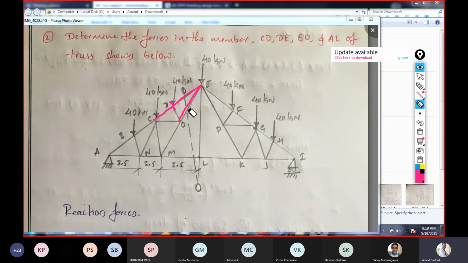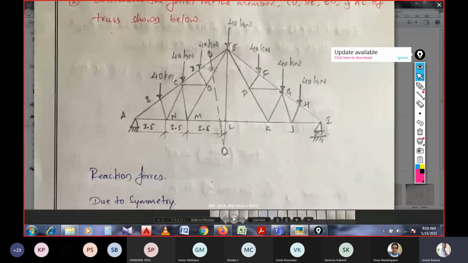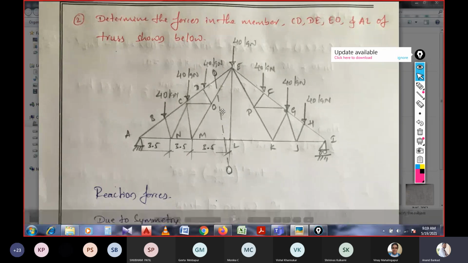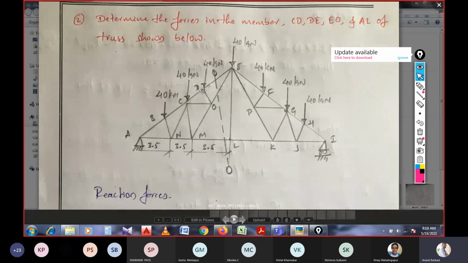Here, after referring to the problem statement, it is observed that if you take the section at this point, passing through these members, then you can find FDE, which is asked in the question, and also FEO and FAL, which can be determined easily.